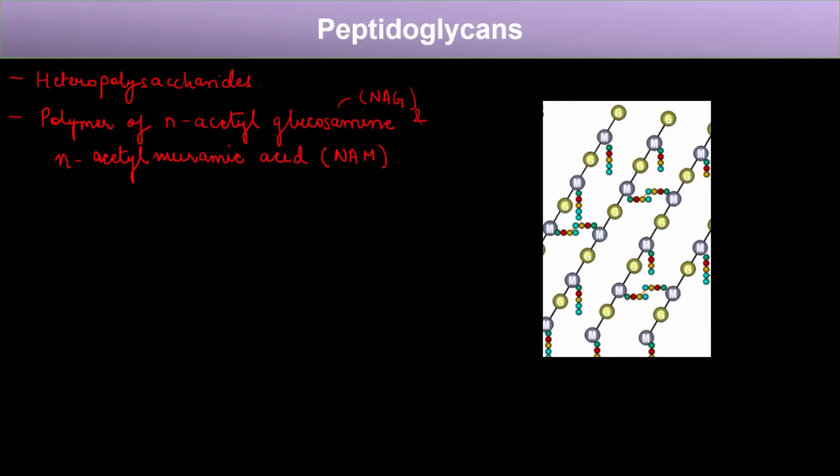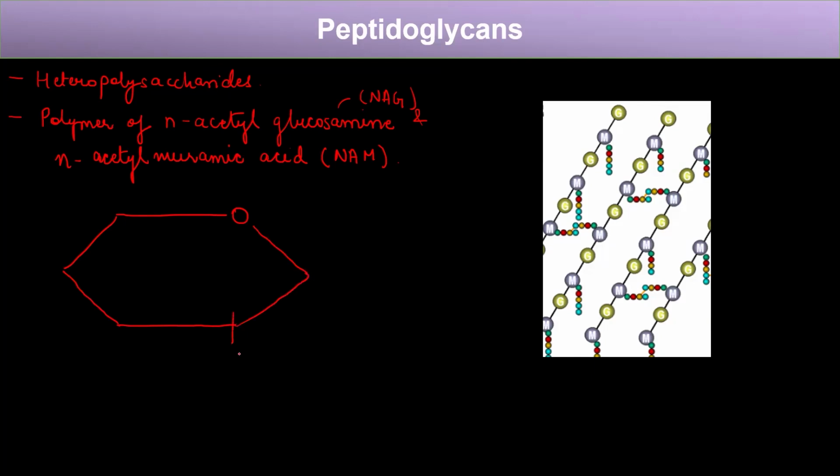Now, we have seen the structure of N-acetyl glucosamine. Now let's see how N-acetyl muramic acid looks. Okay. So again, first let's draw. It is derived from, or you can say an extension of, N-acetyl glucosamine. So let's draw first N-acetyl glucosamine. So what was there in the N-acetyl glucosamine?